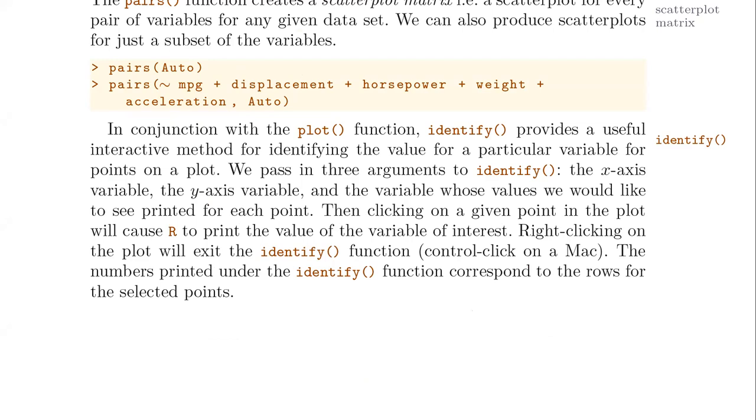We pass in 3 arguments to identify: the x-axis variable, the y-axis variable, and the variable whose values we would like to see printed for each point. So I'm finding this very hard to follow. Then clicking on a given point in the plot will cause R to print the value of the variable of interest. Right-clicking on the plot will exit the identify function.